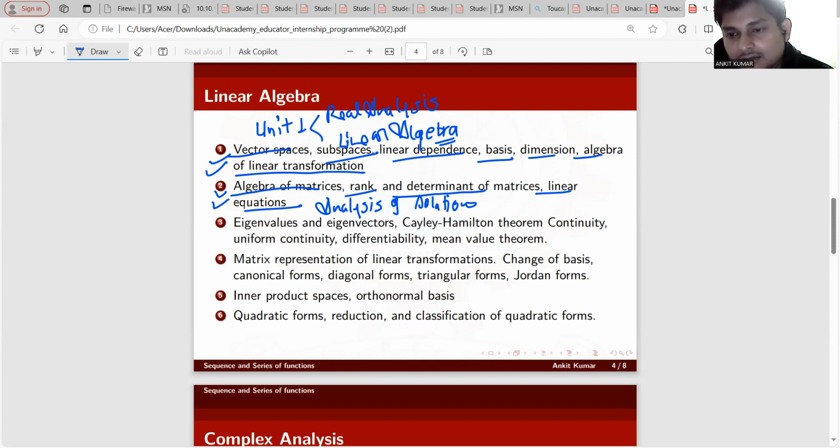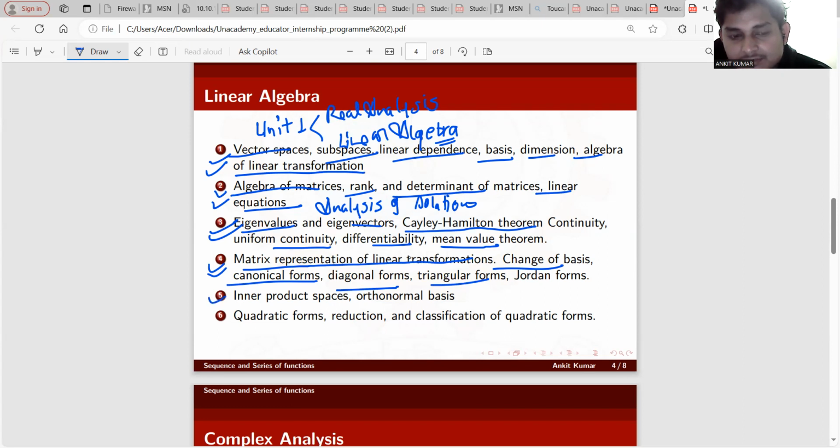Finite, infinite, and many more. In the third part, I will cover eigenvalues and eigenvectors, Cayley-Hamilton theorem. Eigenvalues and eigenvectors is a very important part of linear algebra. In the fourth part, I will cover matrix representation of linear transformation, change of basis, canonical forms, diagonal forms, triangular forms.